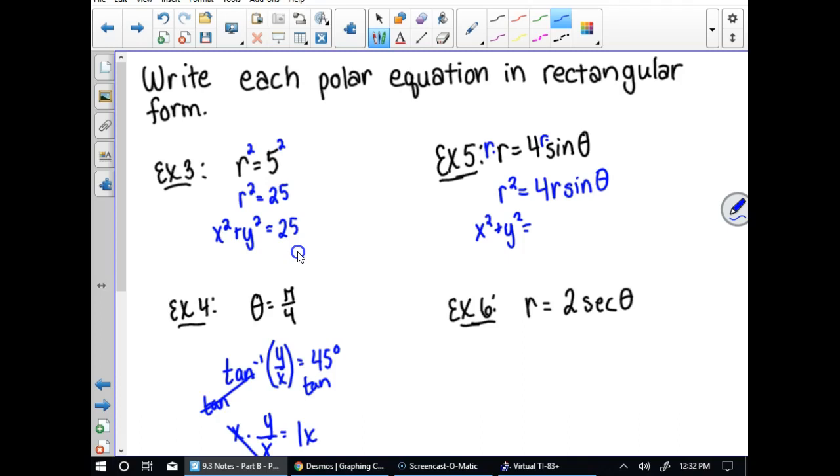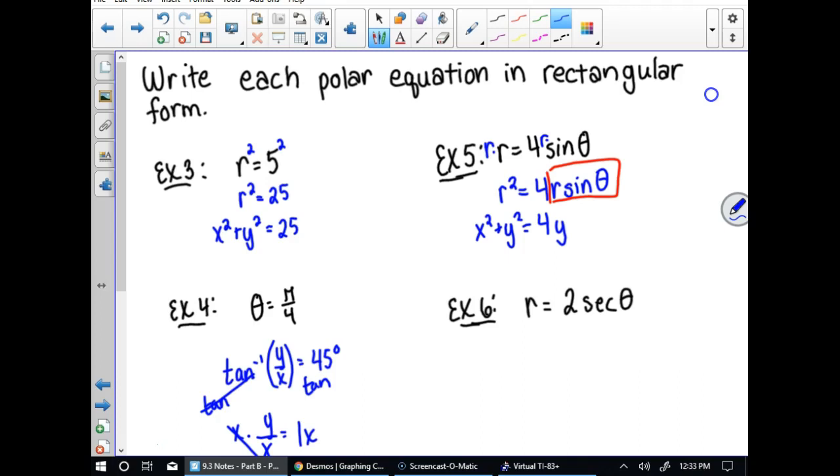Alright. And then I've got a 4. And if we look at our formulas that I had on the other slide, do you see r sine theta? What does r sine theta equal? It equals y. So we can replace r sine theta with y.